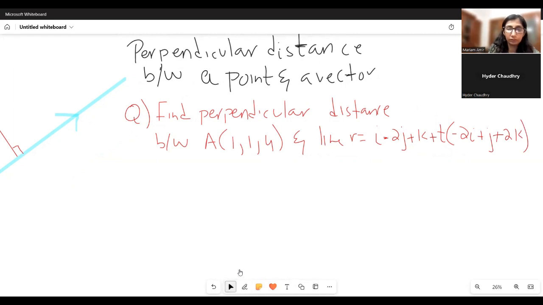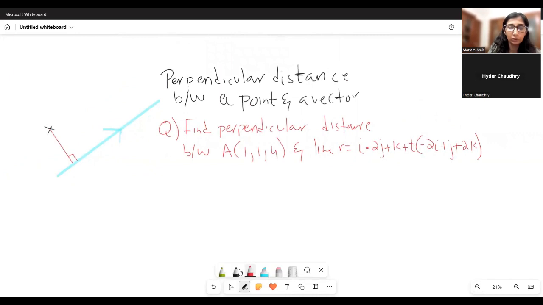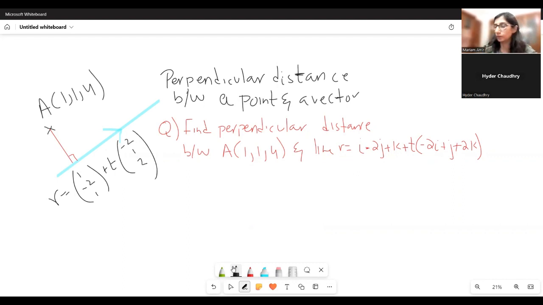So let's use the same figure. There's a point A with coordinates (1, 1, 4). And there's a vector equation which has equation (1, -2, 1) plus t times (-2, 1, 2). Let me just quickly confirm if I copy the same values.